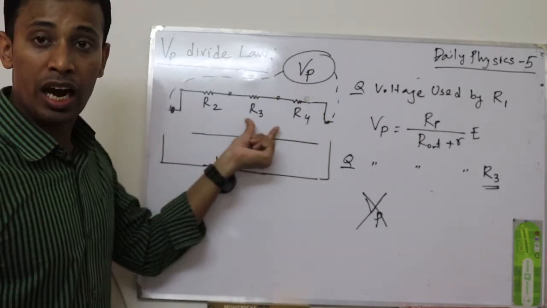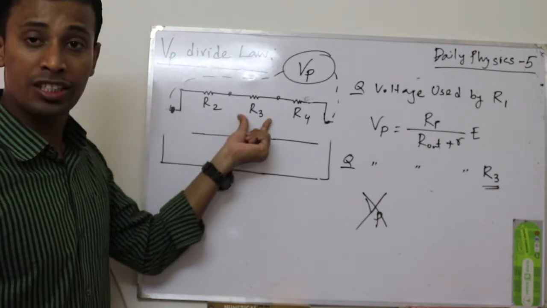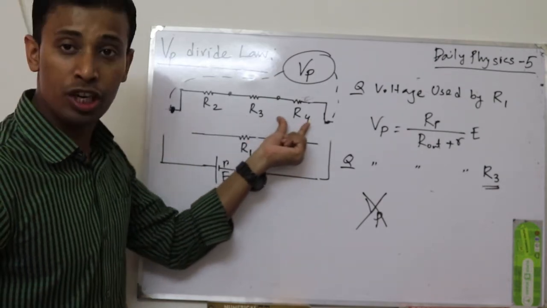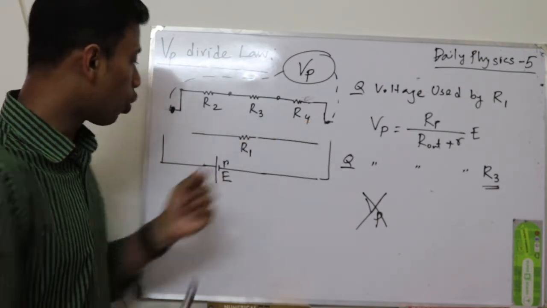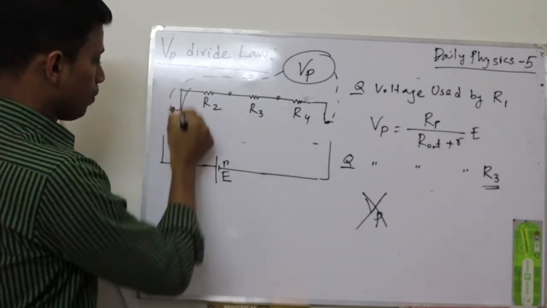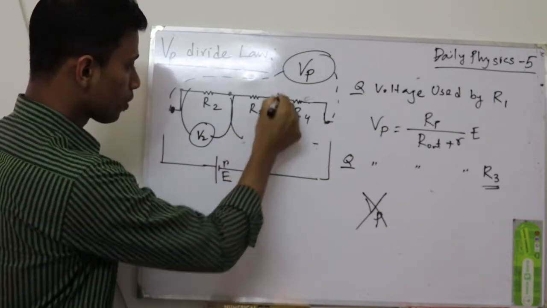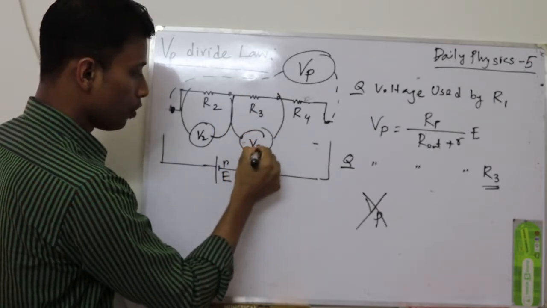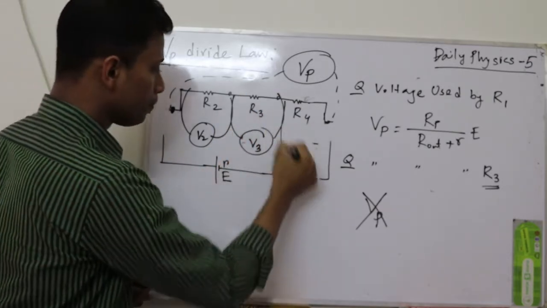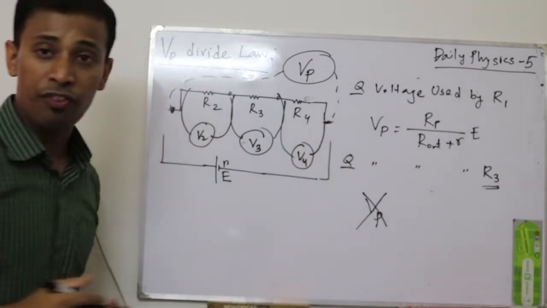So some voltage is being used by R2, some by R3, some by R4, call them V2, V3 and V4.